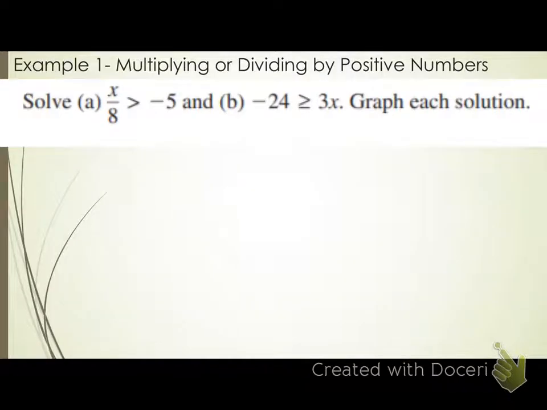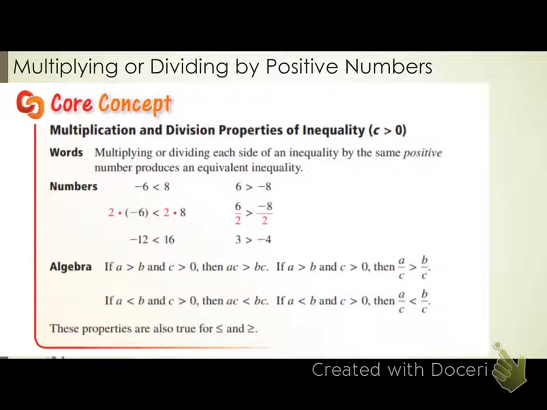What if the inequality itself is negative? What do you mean? It just has to be the number that we multiply on both sides. So if the number that we multiply on both sides is positive, it stays the same. If the number we multiply on both sides is negative, then it changes.